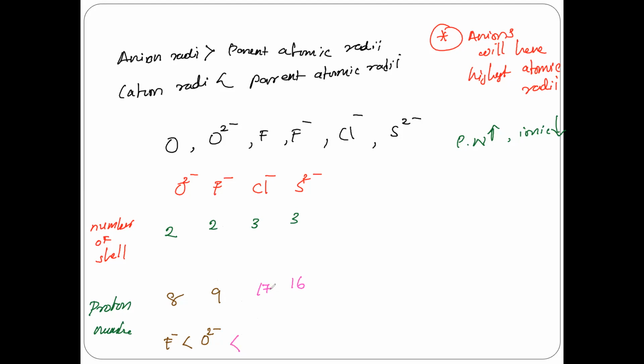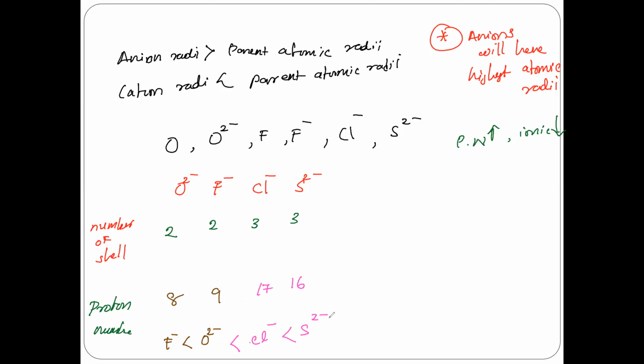Your chlorine having 17, your sulfur having 16. So which is having the least radius? Your chlorine. So this is Cl minus and 16 is sulfur. Is it clear?